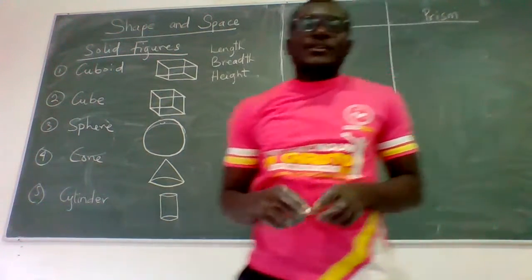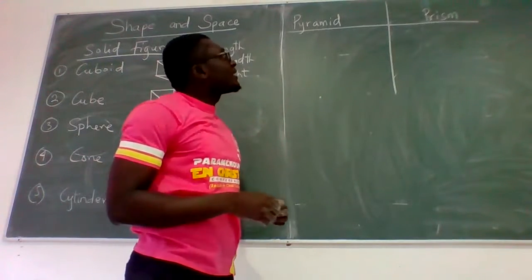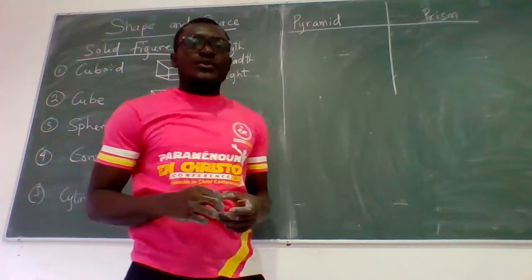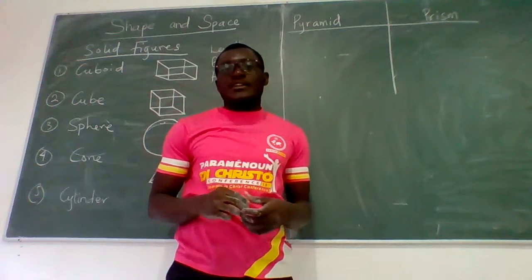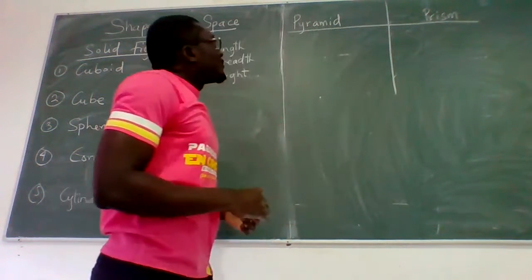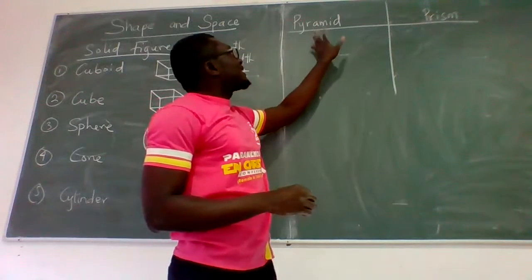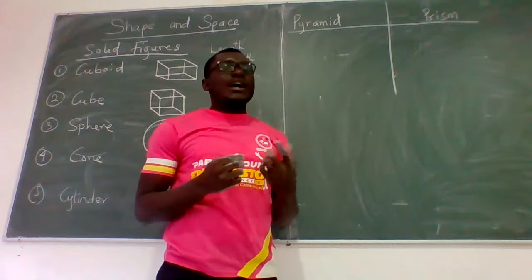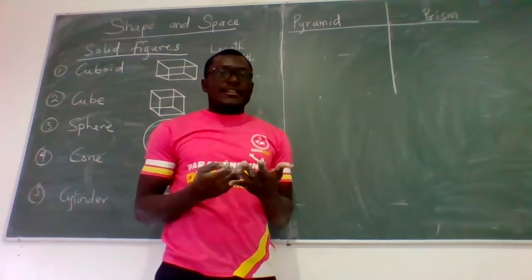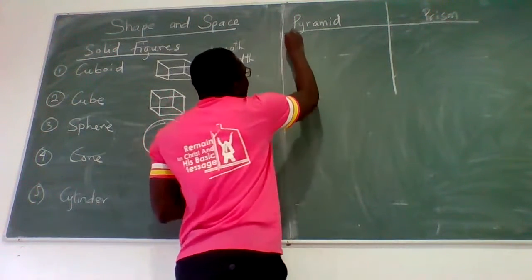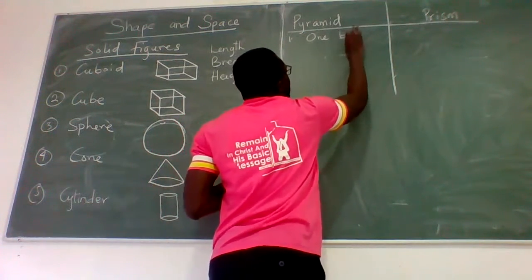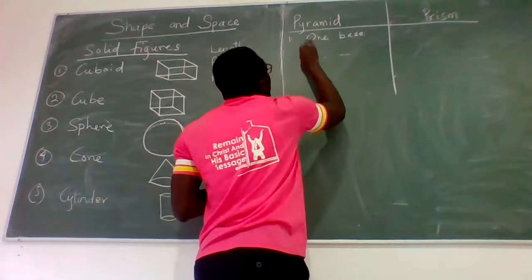Okay, so I know you have been encountering these two words and sometimes you get confused what the difference between the two are. So when you take a pyramid, we are saying that a pyramid has just one base figure.